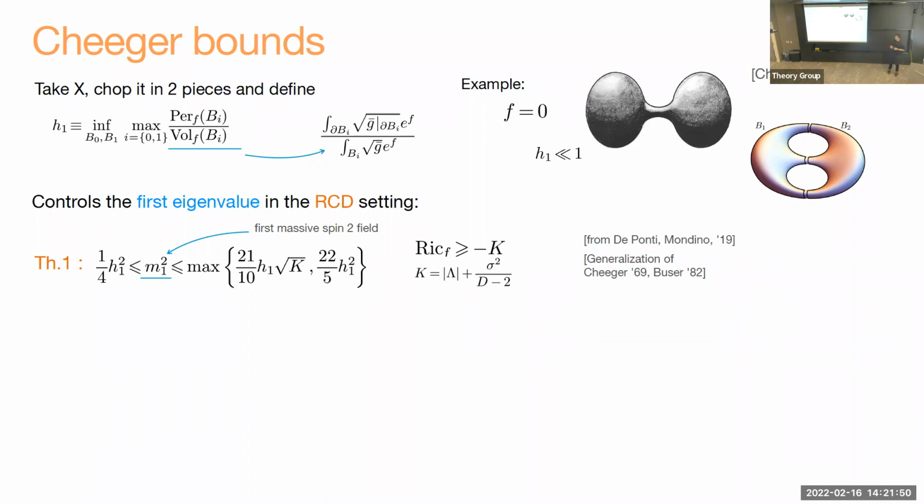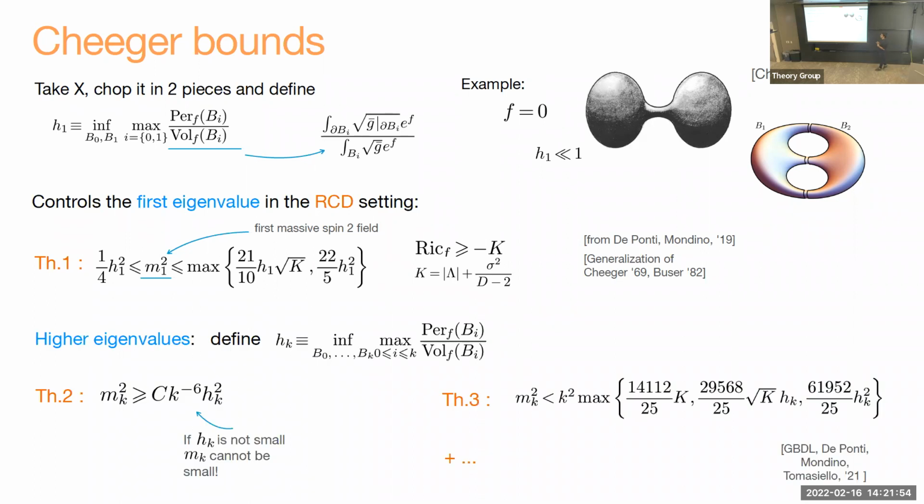I'm going to see the physical implications of this in a moment, but you can also say that this can be generalized in order to also bound the higher eigenvalues. To do that, you need a generalization of this Cheeger constant, and this generalization is quite natural.